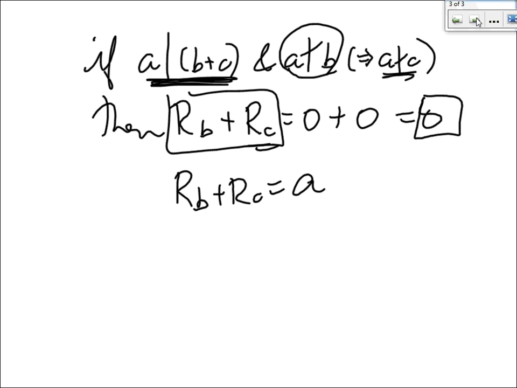So if A doesn't go into B nor C, but A goes into the sum, then the remainder will be A. If A does go into B plus C and A goes into B, which guarantees that A also goes into C, then the sum of the remainders will be 0. It'll either be 0 or A.